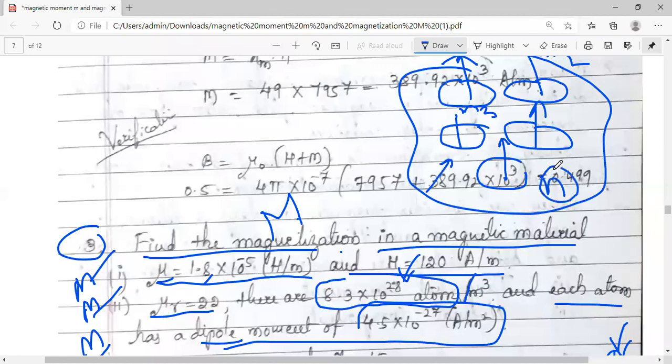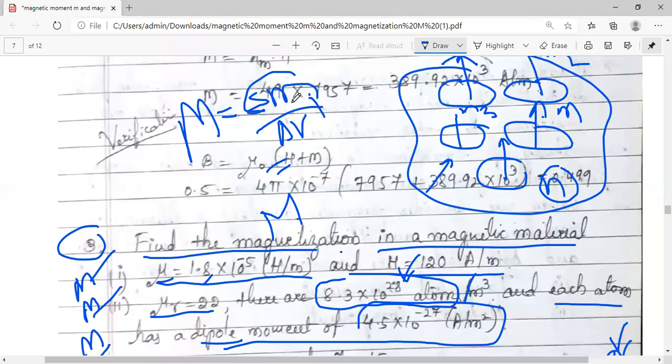If I have n different atoms and each atom has got m as the dipole moment, magnetization is given by the sum of all those dipole moments per unit volume. The sum of mi is what? mi is the same, m for all. So if m is the same for n different atoms, it will become n times m by V.